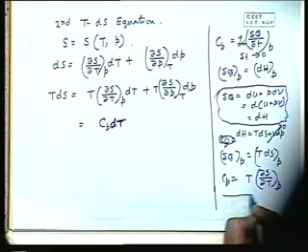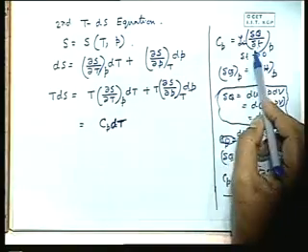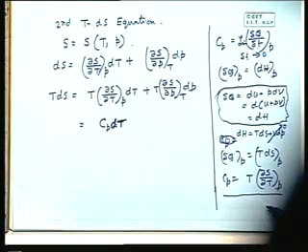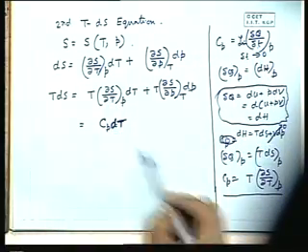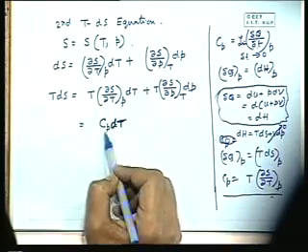No book will derive this when they discuss the TdS equations, because they know that you should know these things from the very basic definition. You may be a little confused about how they are substituting this, but I am doing it now. Be clear that T del S del T at constant P is Cp.